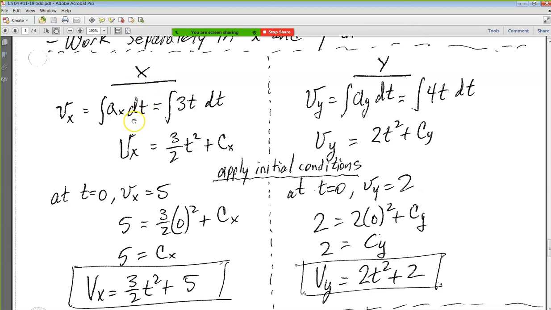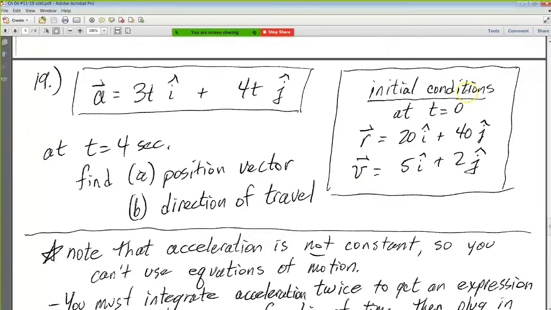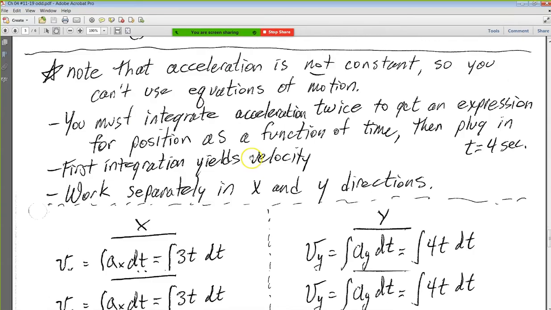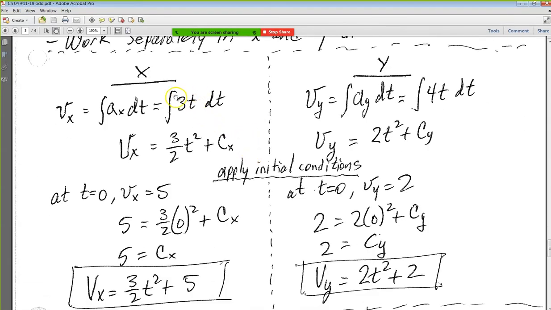In the x direction on the left side of the page, my velocity is the integral, that's the symbol for integral there, of the acceleration equation with respect to time. So here it is, the acceleration in the x is 3t. So I ask myself, what, when I take the derivative of it, gives me 3t?